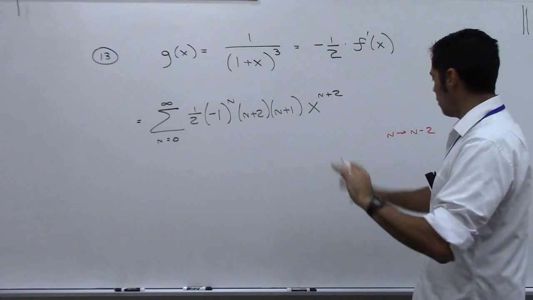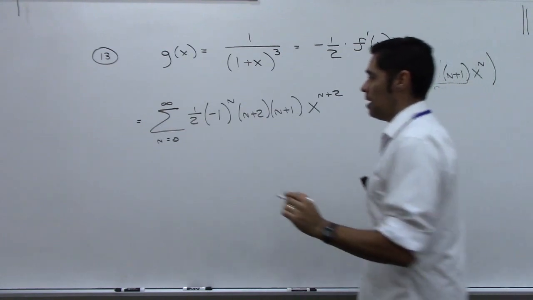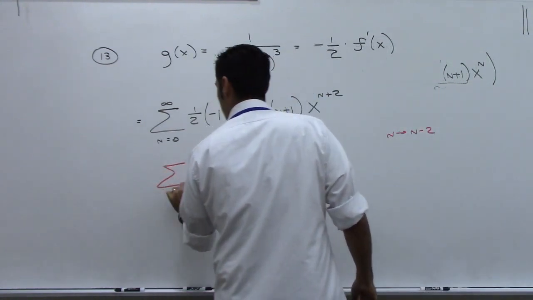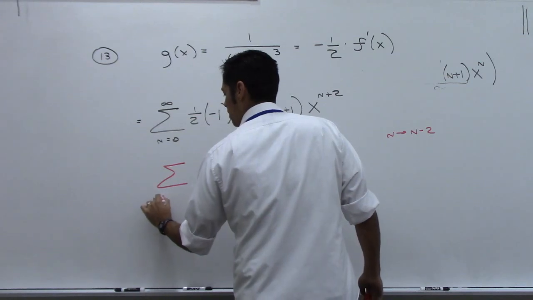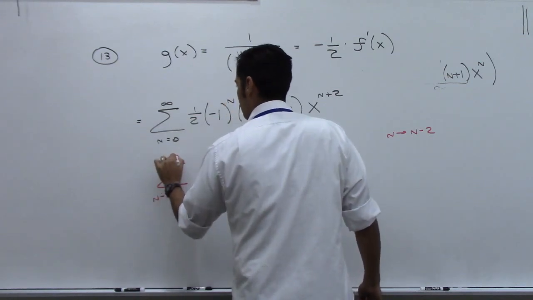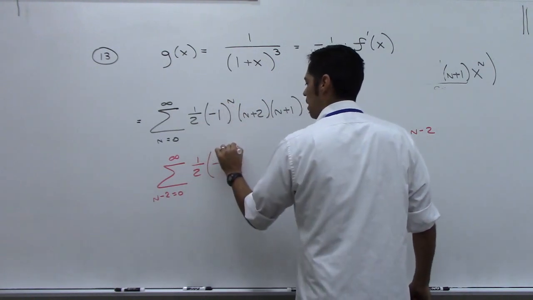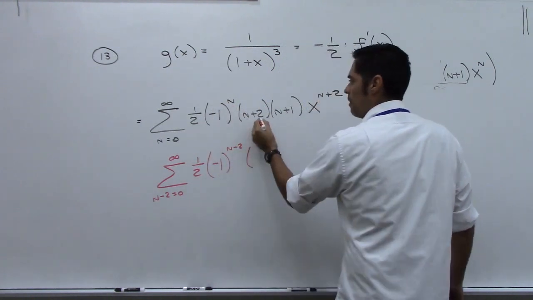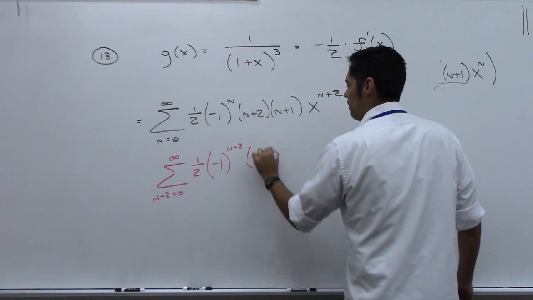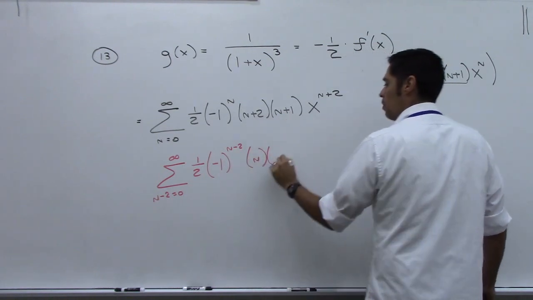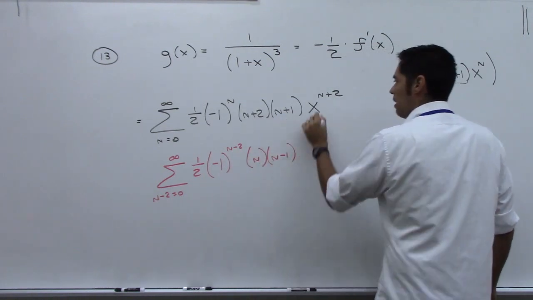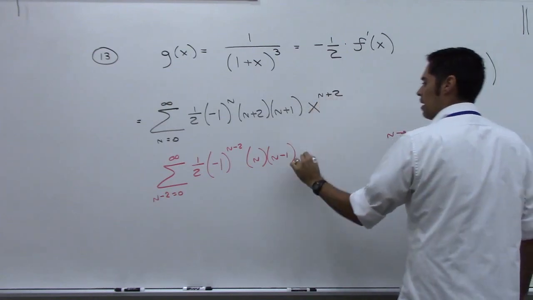So what I'd like to do is replace all my n's with n minus 2's. So sum, I get n minus 2 equals 0 to infinity, 1/2, negative 1, replace that n with n minus 2. If I do n minus 2 plus 2 here, I get n. If I do n minus 2 plus 1, I get n minus 1. If I do n minus 2 plus 2, I get x to the n.